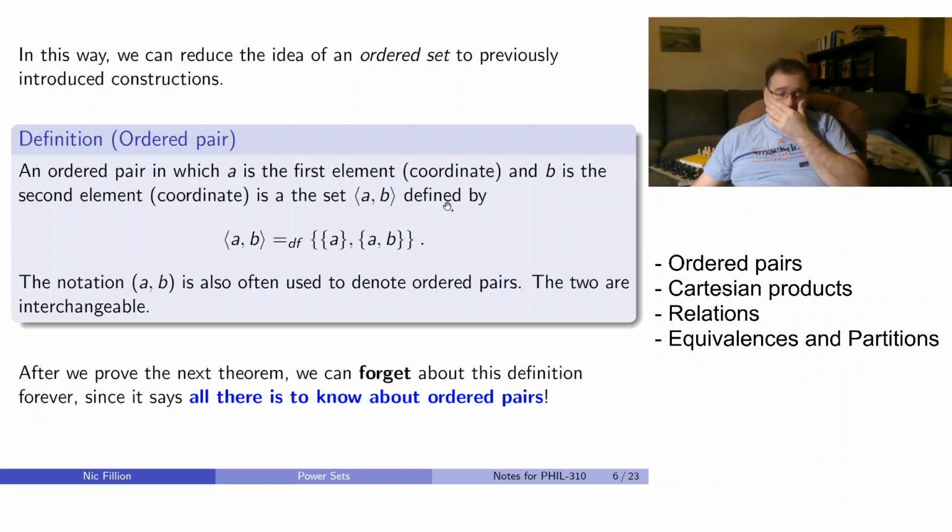But you're going to see that this is extremely annoying and extremely cumbersome. So as soon as we have proved that property, we're going to forget about that completely, right? We're just using that definition to show that talking about ordered pairs is already legitimate given the axioms of set theory that we have, so that we don't need to introduce a new axiom. But really, we're going to want to move on from there.